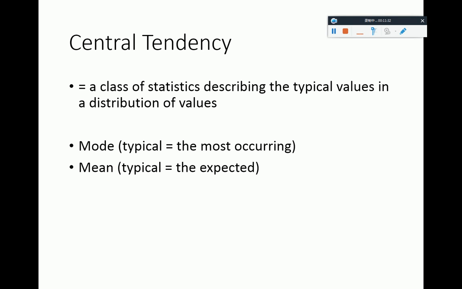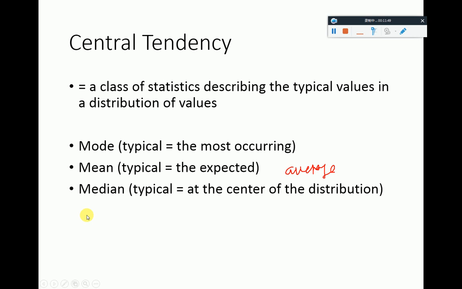Another name for mean is average, which is a more common term, but for various reasons, we use mean more often. Lastly, to be typical could mean that a value is at the center of the distribution. And if we define typical in this manner, we're talking about the median.